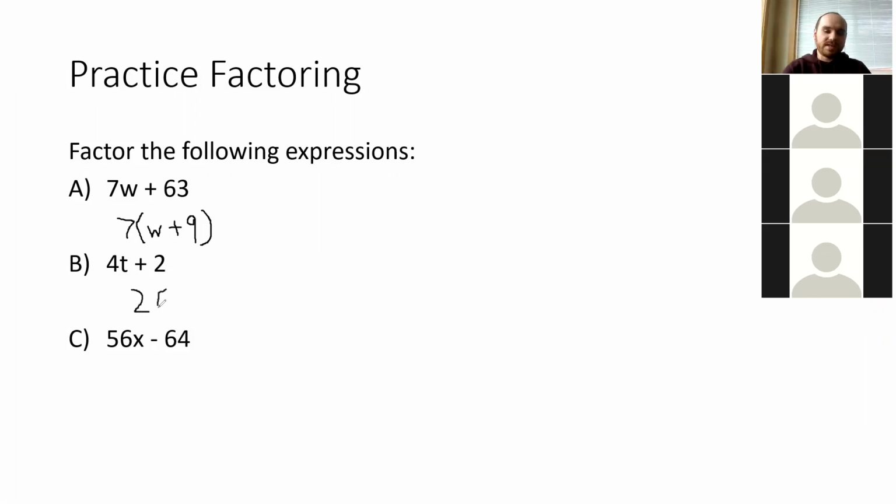What is 4t divided by 2? Yeah, it's 2t. And what is 2 divided by 2? Right, 1. So we have 2t plus 1 inside the parentheses.